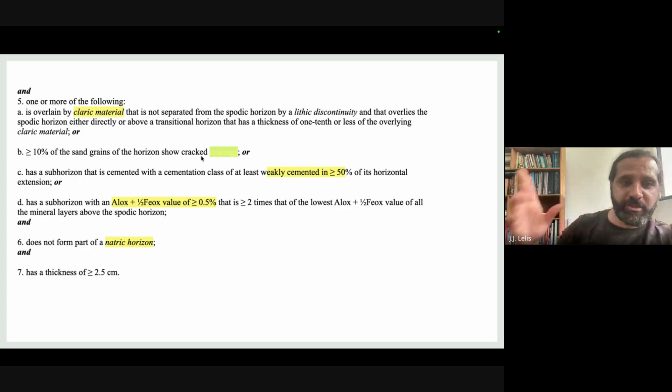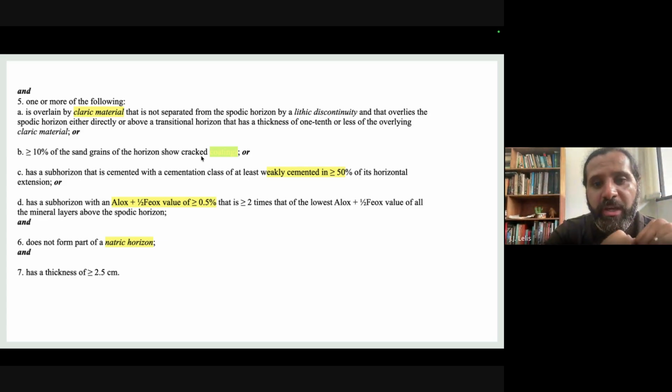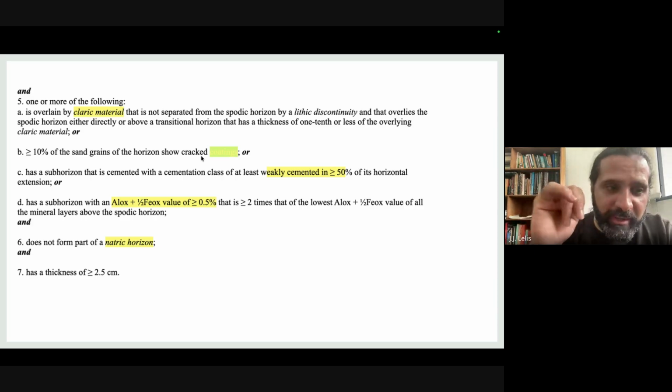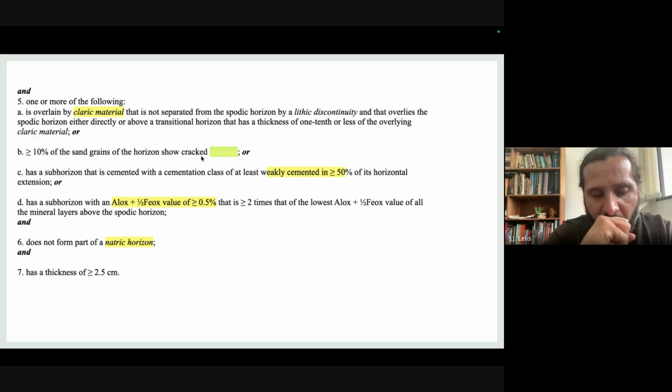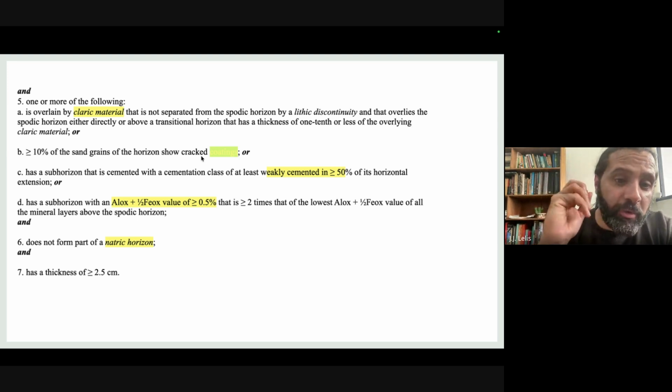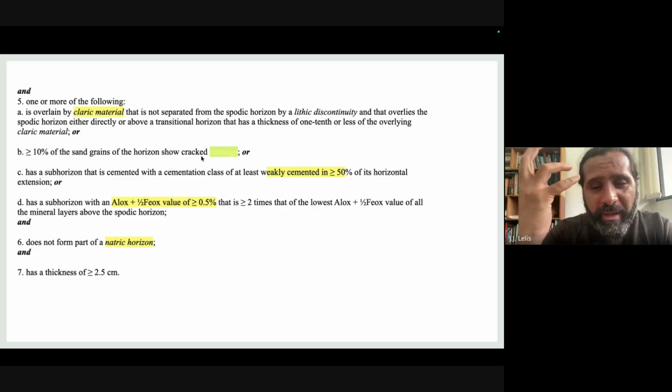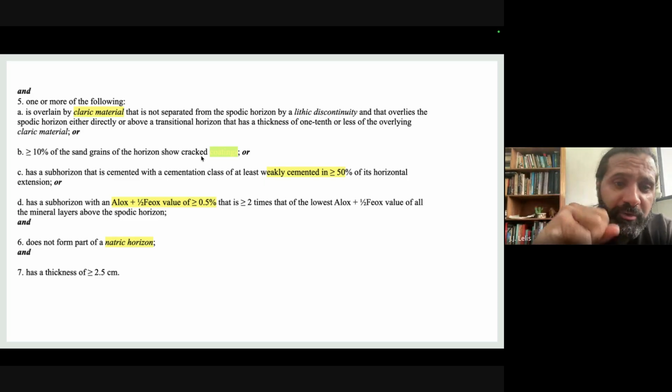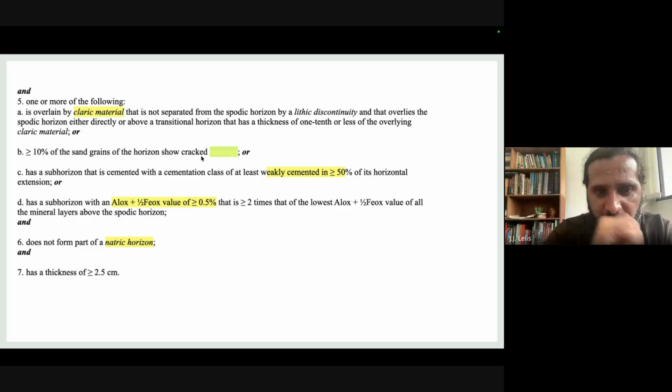So I should register that this spodic horizon is in some way hard or cemented, so I cannot easily break it. And this cementation is quite connected to the aluminum, iron, and organic matter. I'm sorry, guys. When we have a strong cementation of material, it's connected to a strong migration of organic matter and iron and aluminum.